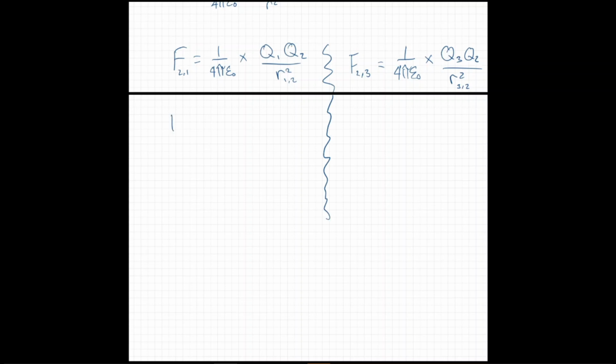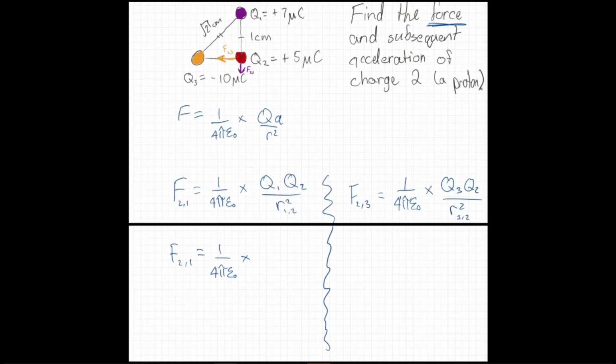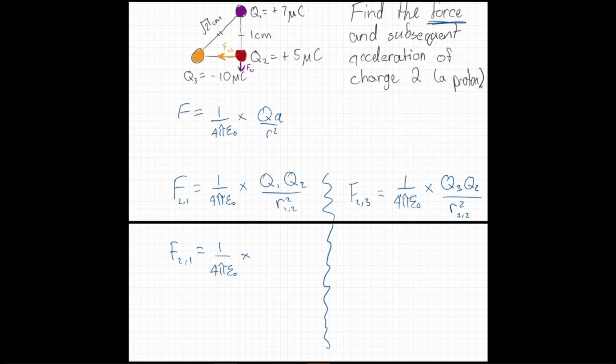Okay, so force 2 on 1. Q1 is 7, Q2 is 5, 7 times 5.